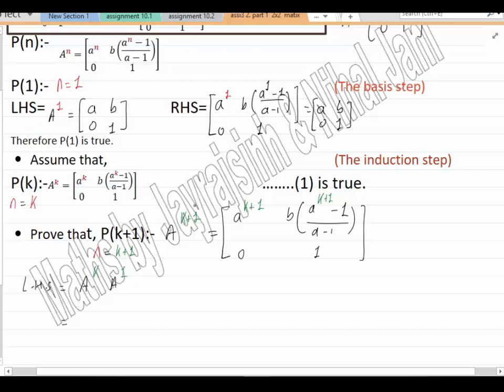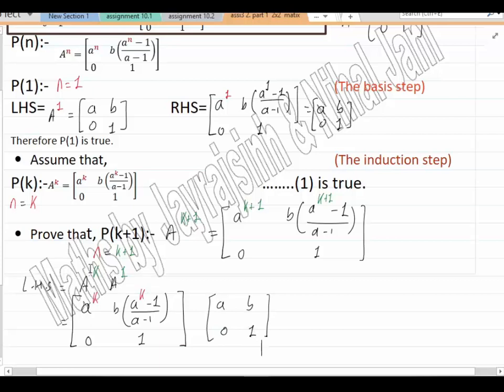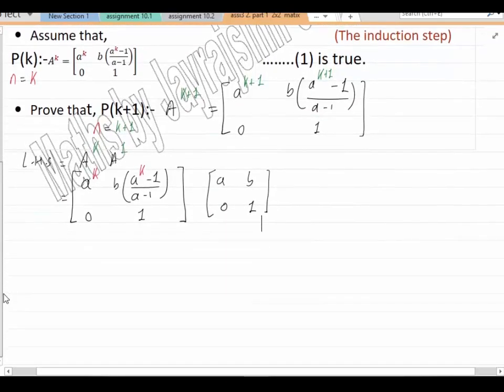Now we already have the value of A raised to k from the first equation, which is this big matrix, and A is already given as a, b, 0, 1, right? Now we just have to multiply the matrices and simplify to get our right hand side.